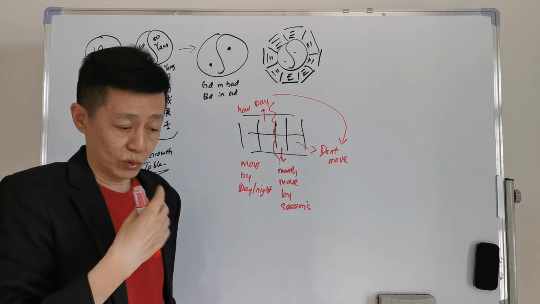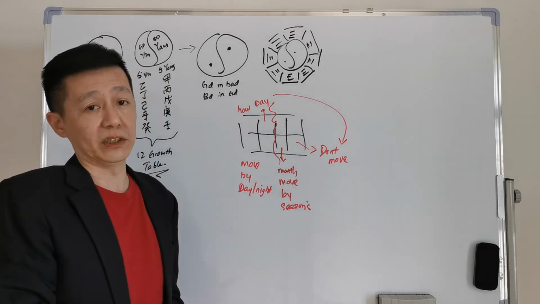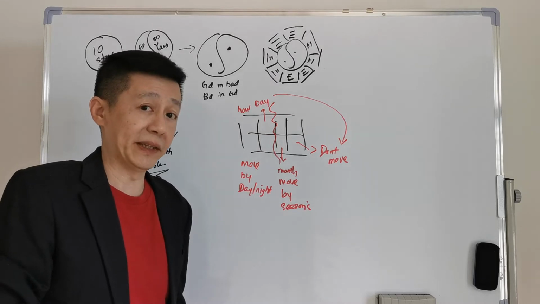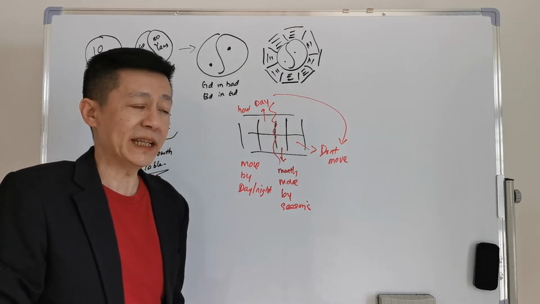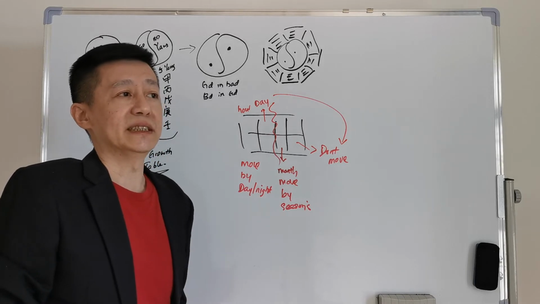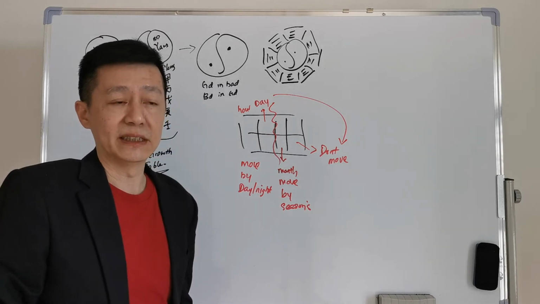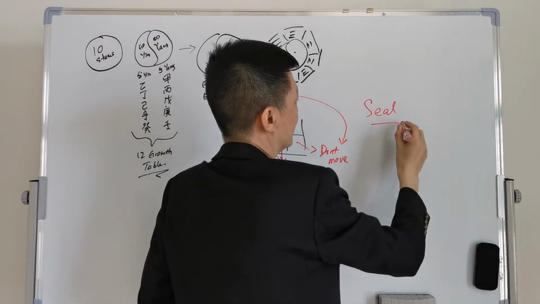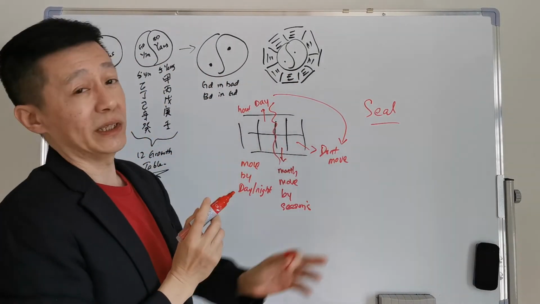For the entire globe, a date of birth. Every country also has a date of birth. It's called Independence Day. Then on every Independence Day, a country comes with a seal. What is the seal?